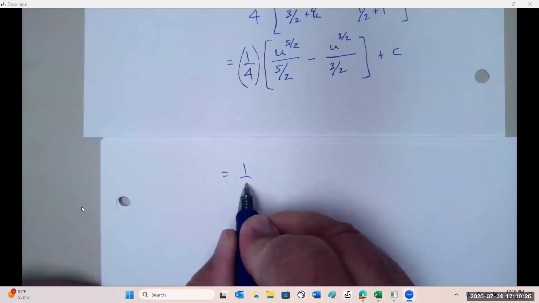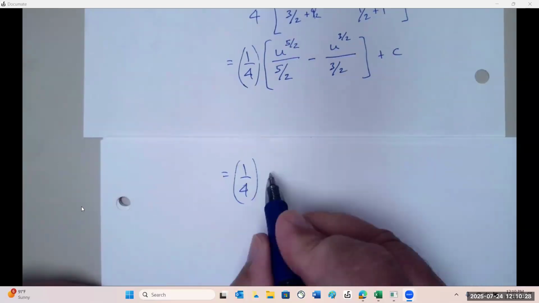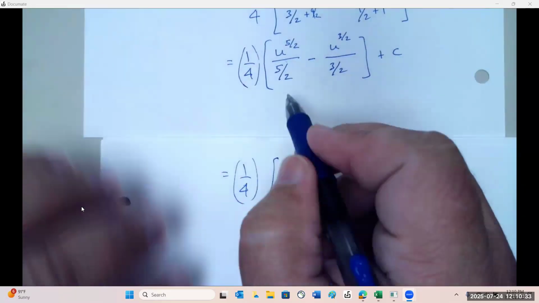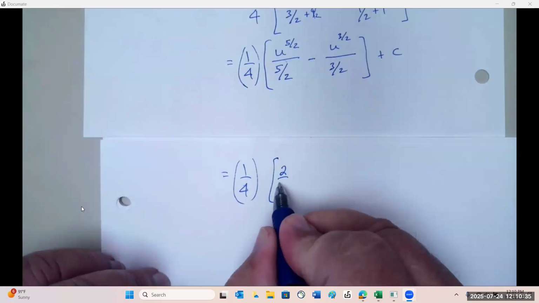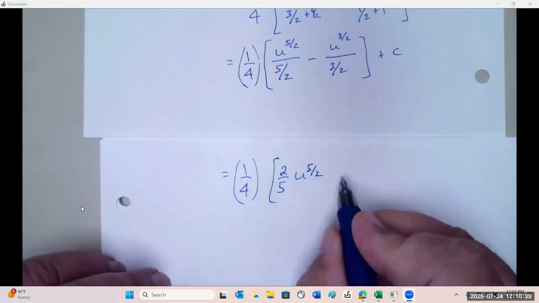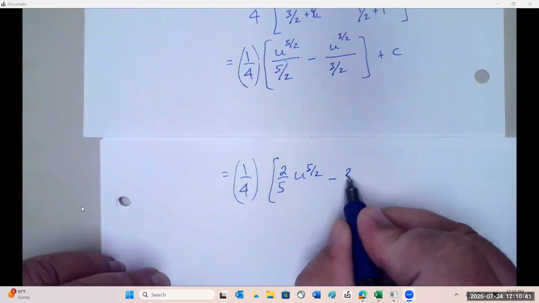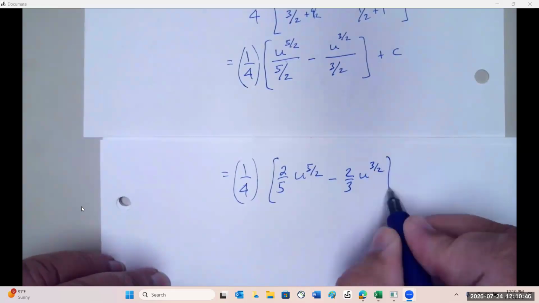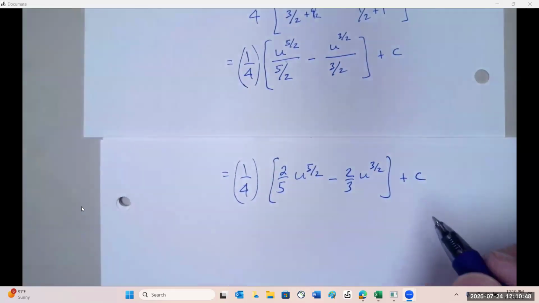Which is equal to 1/4 times... Since this is a denominator, I can take it and reciprocate it. So it becomes 2/5 u to the 5/2 minus 2/3 u to the power 3/2 plus c.